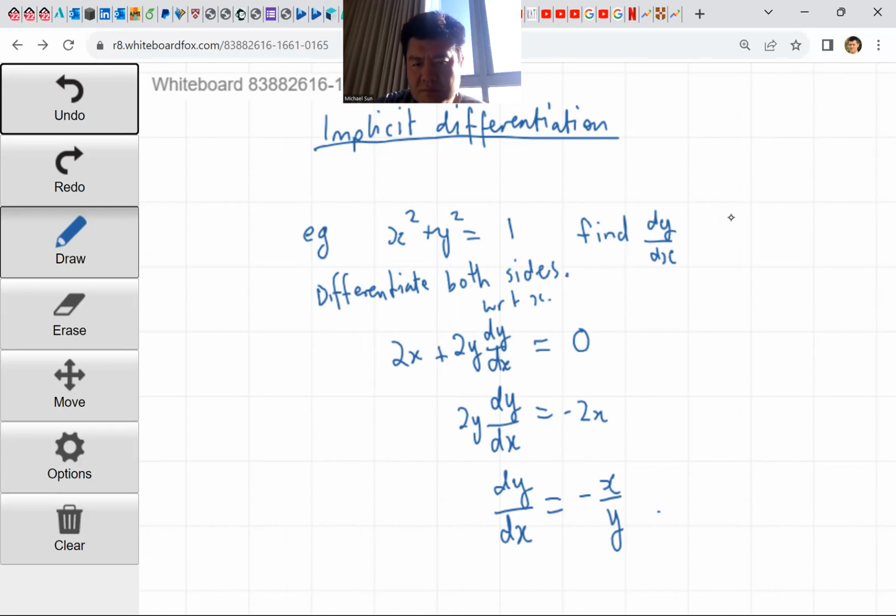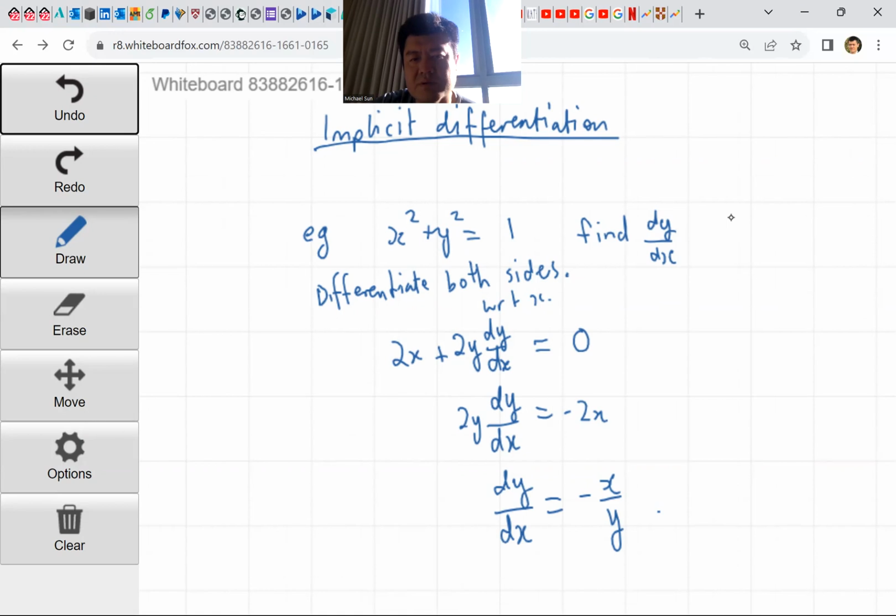But I later discovered I was wondering why is this called implicit differentiation when all it seems to be doing is differentiating both sides with respect to x? If you have an equation, you can differentiate both sides with respect to x. So why does the word implicit even come into it? Why isn't it just differentiation?